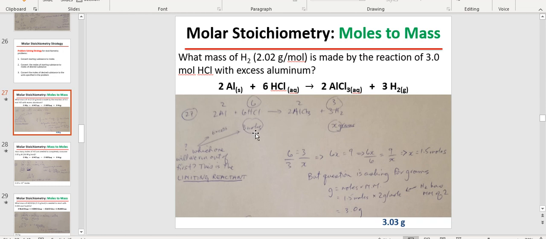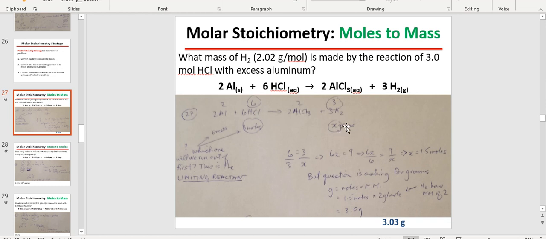There's a term that we call the reactant that we run out of: the limiting reactant or limiting reagent, which we'll get into more. But you see here, mole, mole, mole, gram.